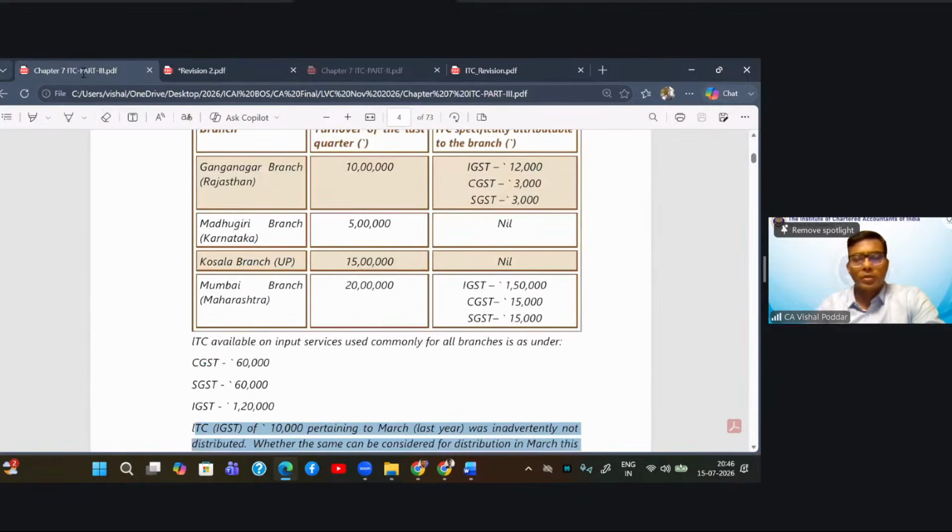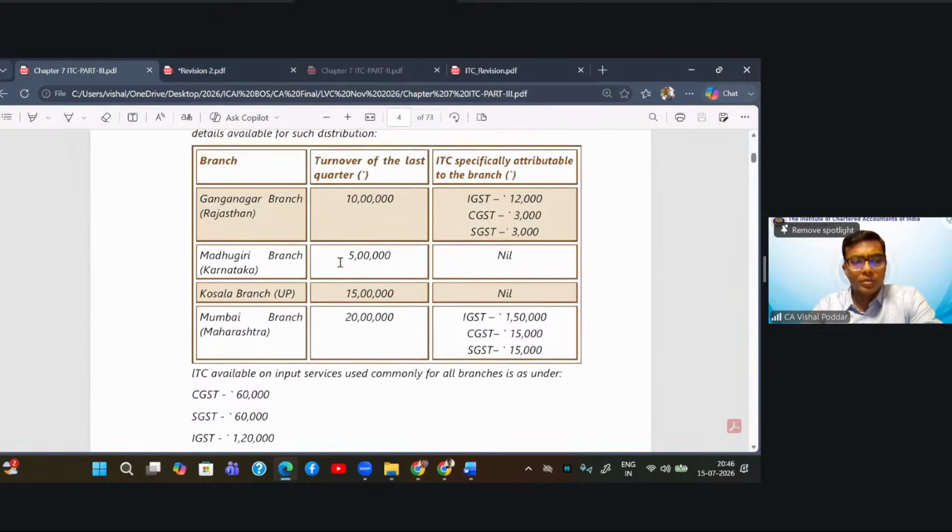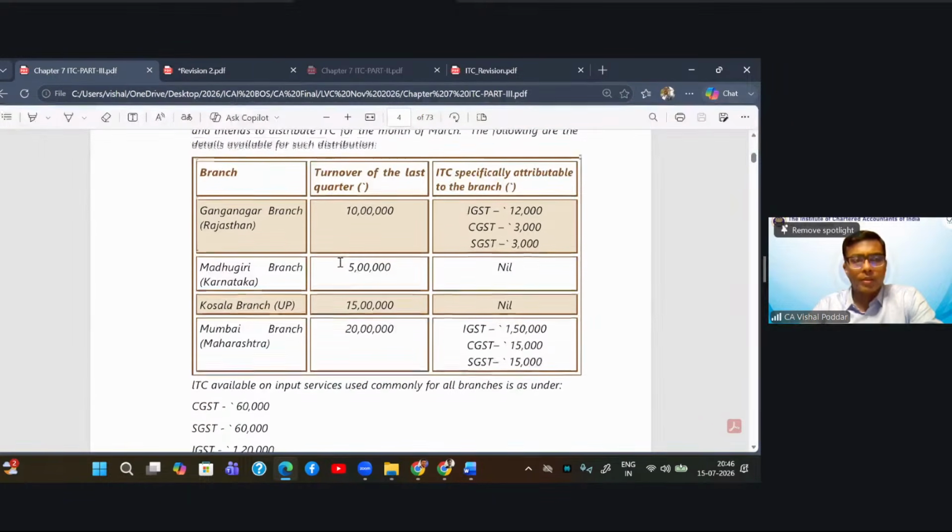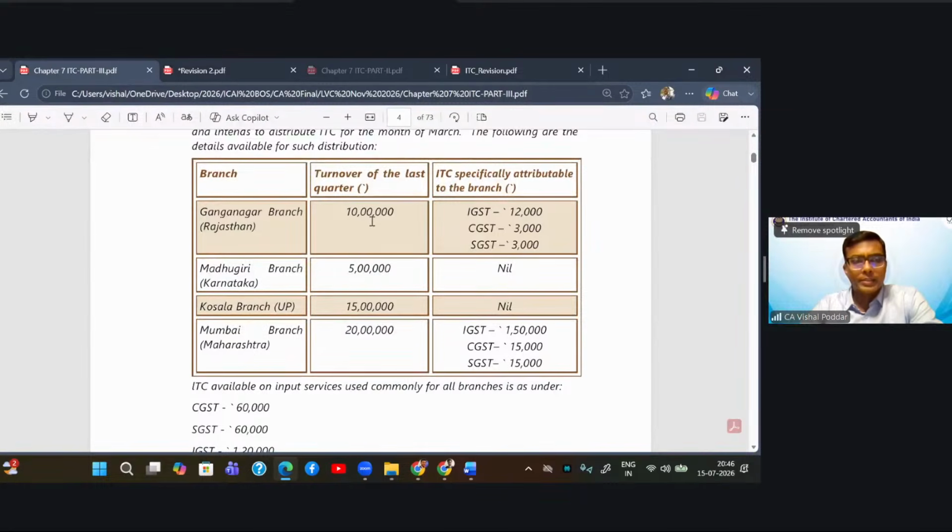Now what are the turnovers? The turnovers, students, that we have are 10 lakhs plus 5, 15, plus 15, 30, plus 20. So total turnover is 50 lakhs of the entire business, out of which this entity is 10, correct?